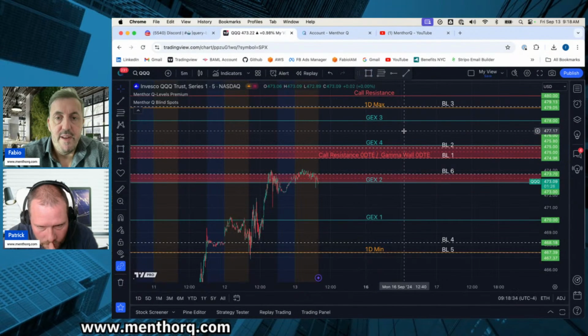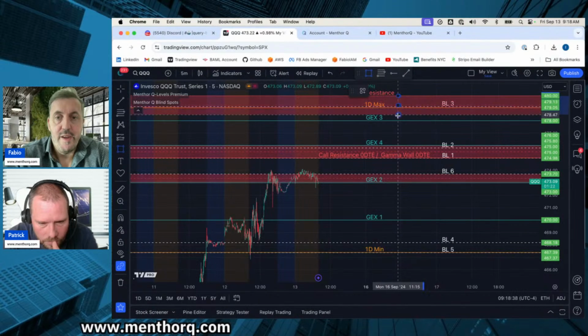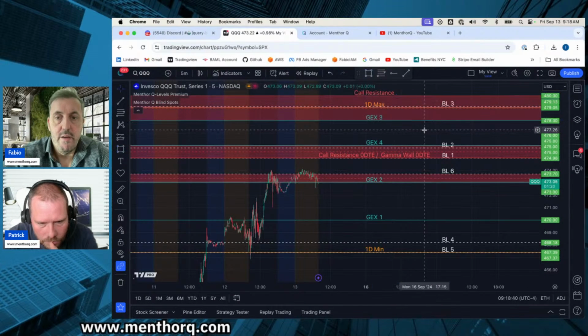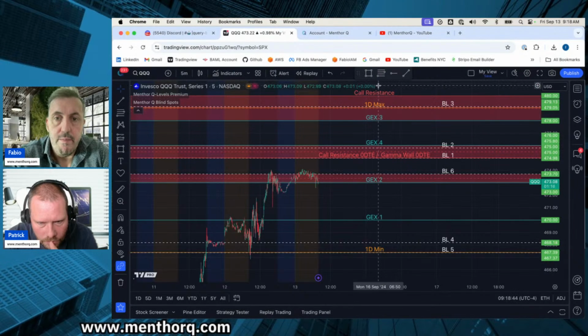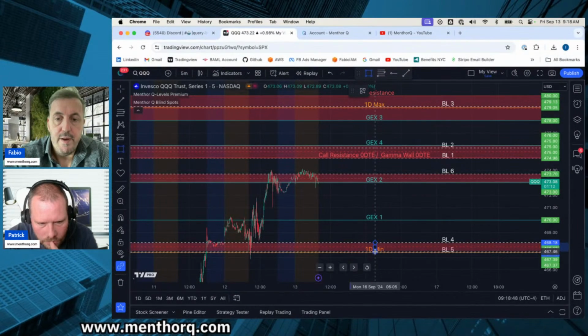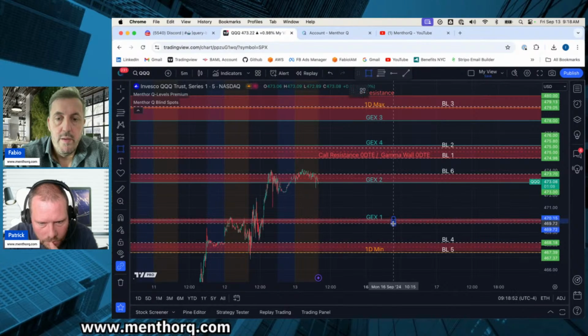So this is definitely an interesting area to look for. And then we have our clustering of GEX3, one-day max, core resistance right here. And to the downside, we have our one-day minimum BL4, and then our GEX1.